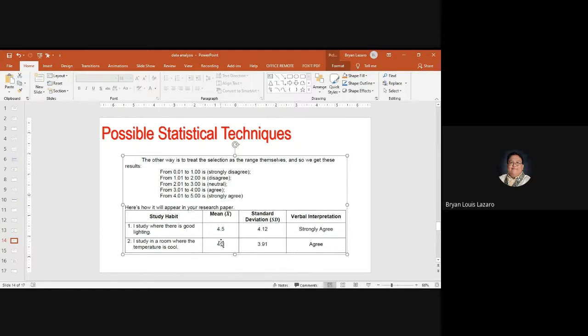Nakita niyo ba yung computation ng mean? Hindi, di ba? Yung computation ng standard deviation? Hindi, di ba? So look at the relationship of the mean and the standard deviation. 4.5 ang mean mo, 4.12 ang standard deviation. So one of the interpretations that you can make, sino mas mababa? Si standard deviation o si mean?